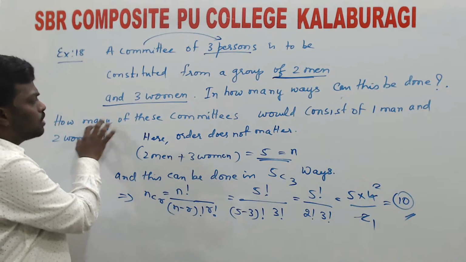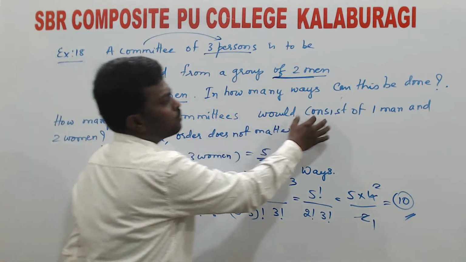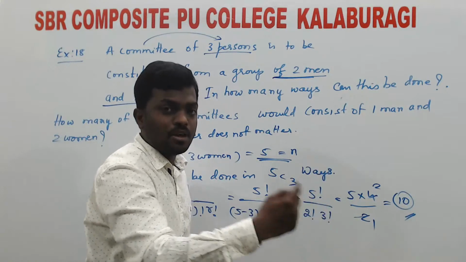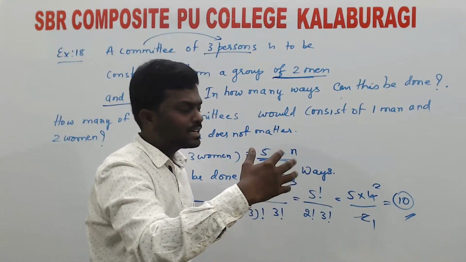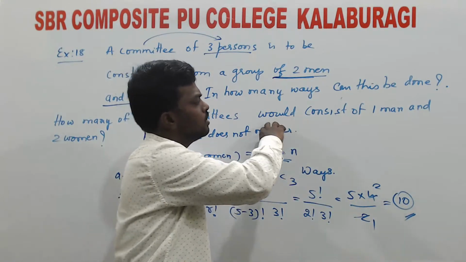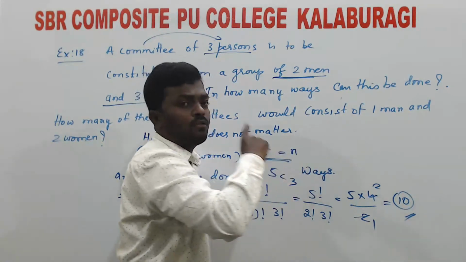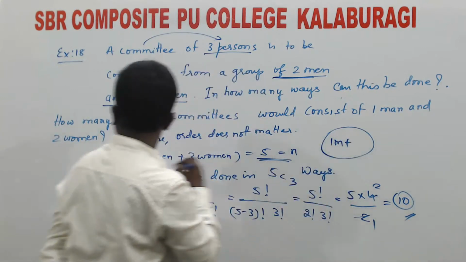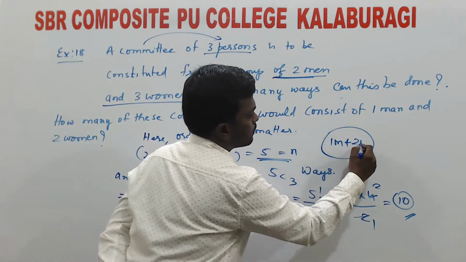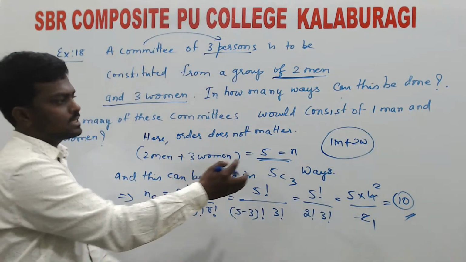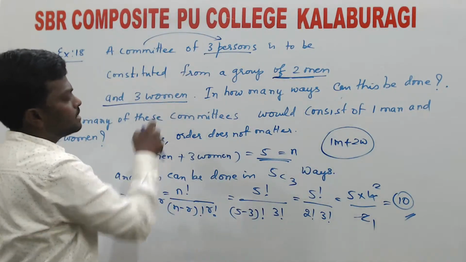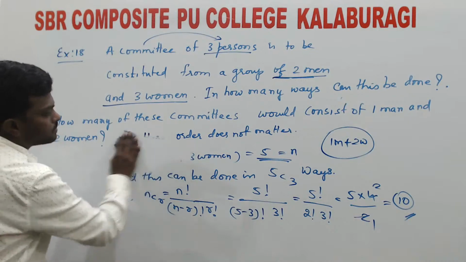So that committee should have one man plus two women, and this selection should be done from two men and three women.